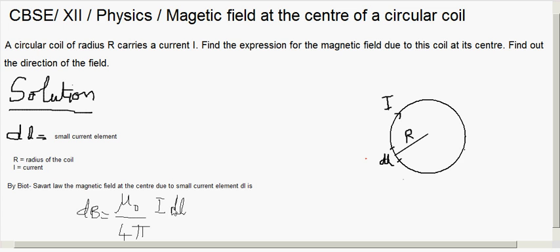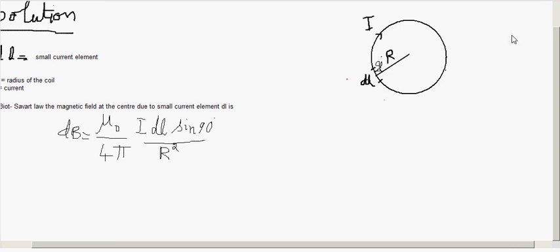Theta is the angle between the current element and the distance vector. Here theta is 90 degrees, therefore sin 90 divided by distance square, and this gives us the magnitude. This is due to one small current element.